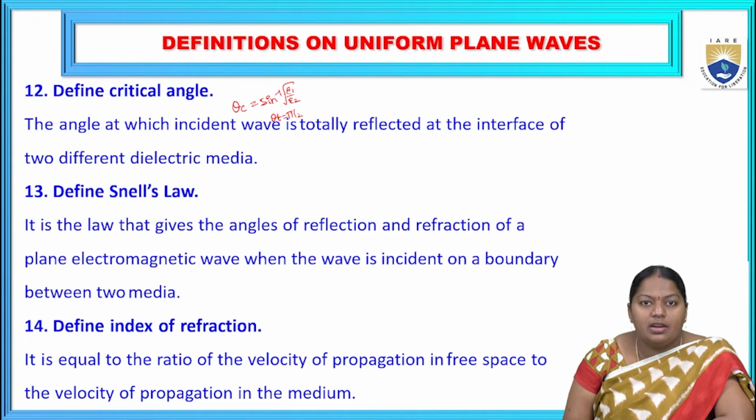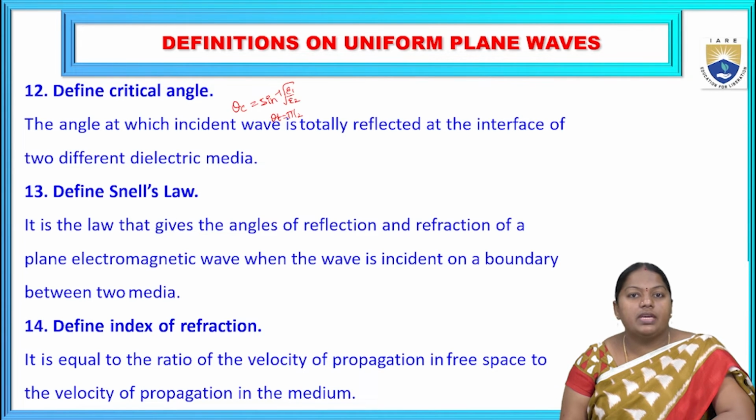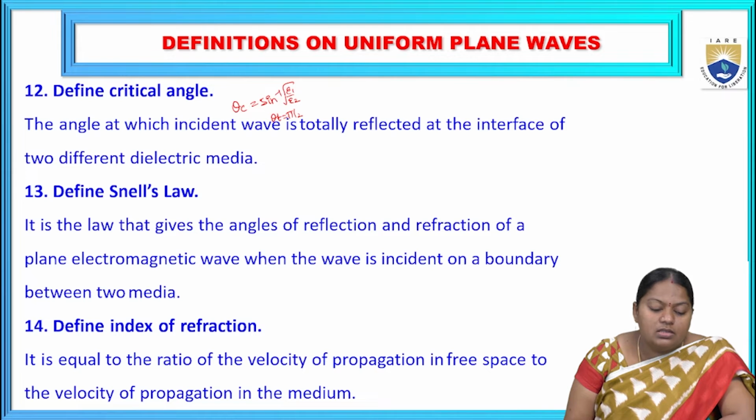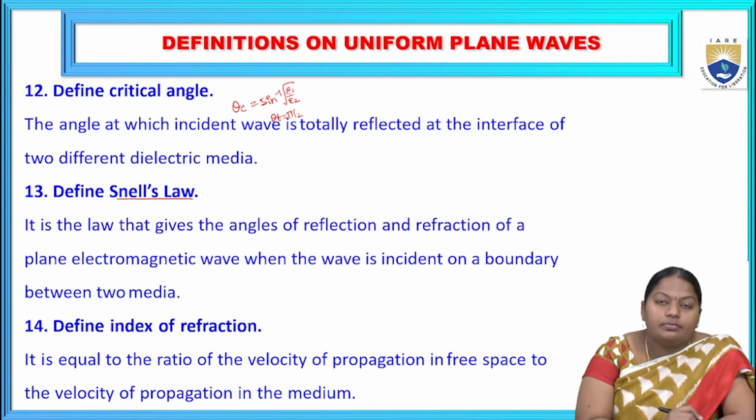It is represented with theta c equal to sine inverse of root of epsilon 1 by epsilon 2, where epsilon 1 and 2 are electric permittivities of medium 1 and medium 2. When medium 1 is denser than medium 2, the critical angle and total internal reflection take place.